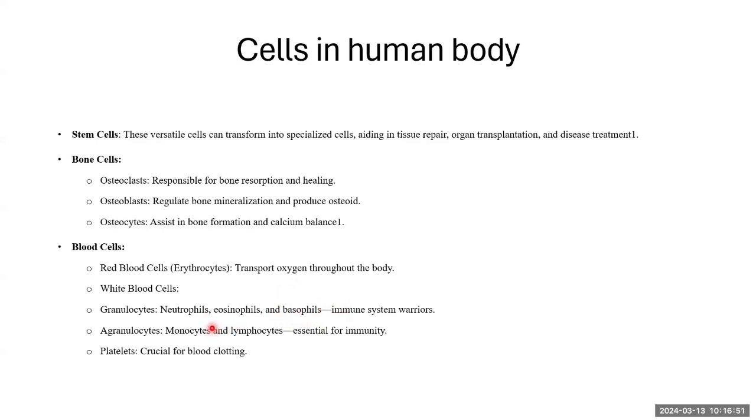Then come the monocytes. These are big cells. They simply engulf bacteria, whatever they come across. They roam around in the blood and are also present in the tissues. Whenever they see bacteria or anything like that, they simply eat them, engulf them, disintegrate the bacteria and digest them.